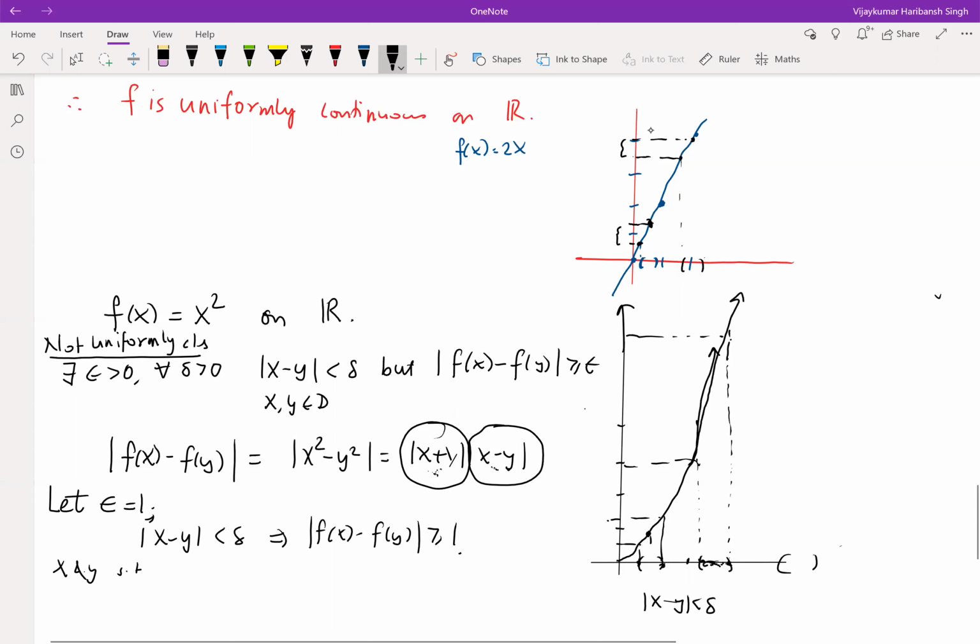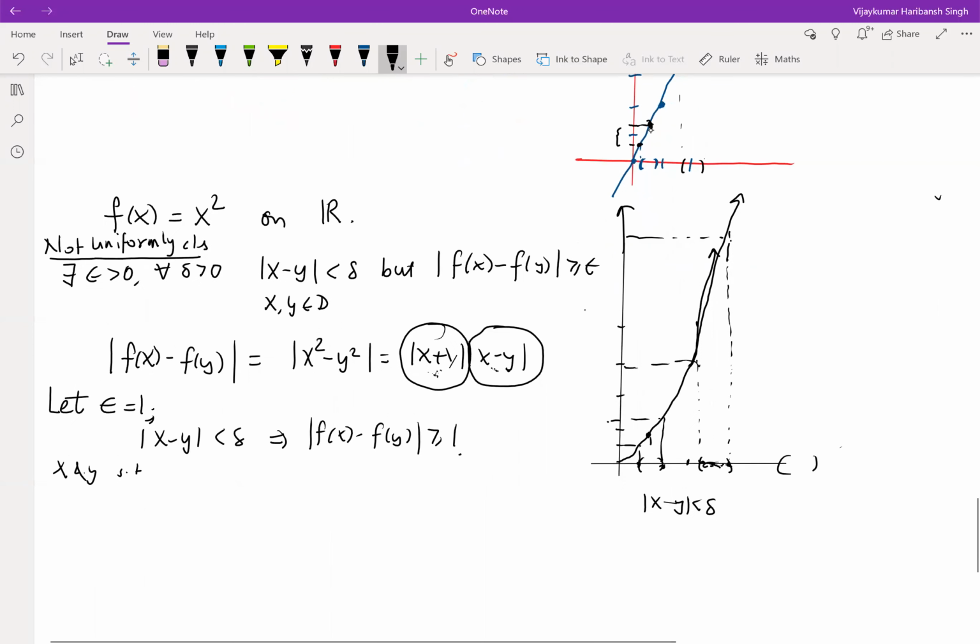I chose 1 arbitrarily. You can modify it to whatever; all you have to do is modify the choices. So this is what is basically causing the blow up, right? So if x plus y times delta is less than epsilon, then what will happen?